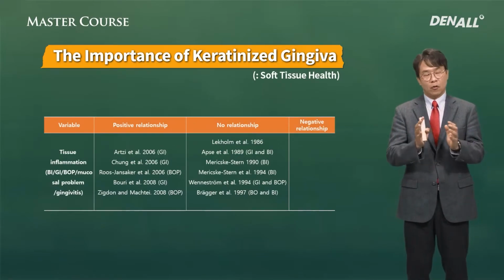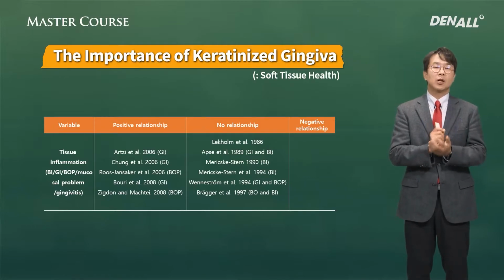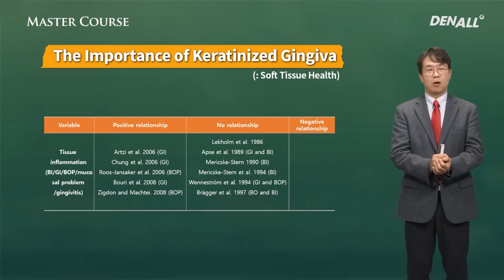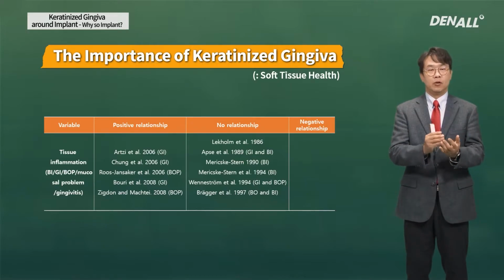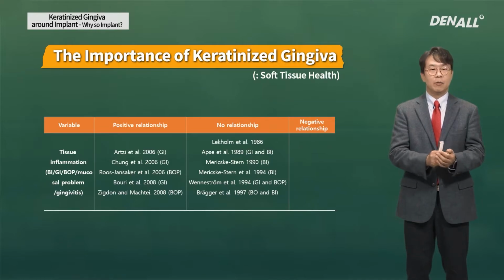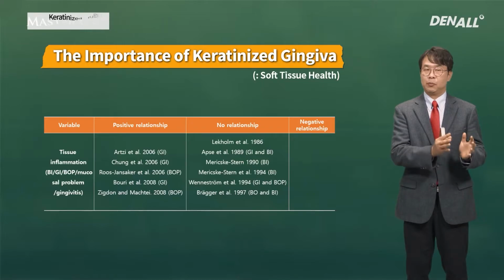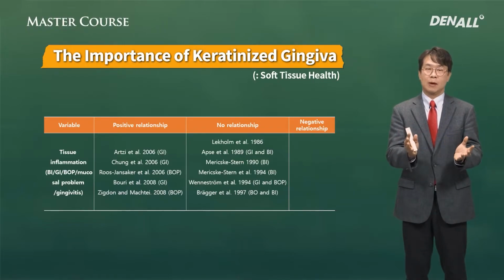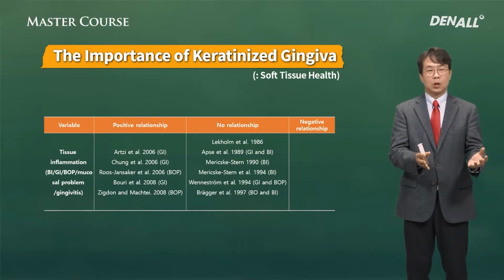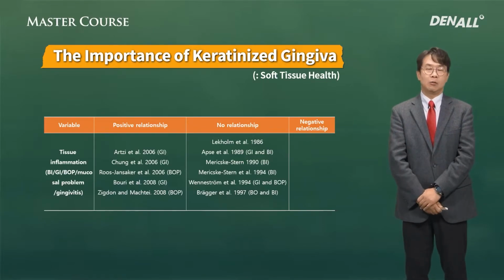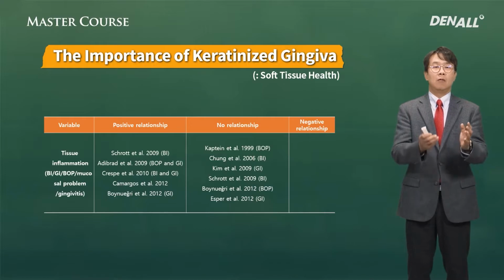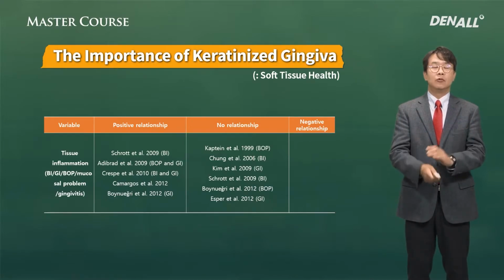In connection to that, this is looking at soft tissue health in terms of importance of keratinized gingiva. Bleeding index, gingival index, bleeding on probing, and the degree of inflammation are used as variables or indicators. There's a positive relationship and no relationship. Those two opposing groups exist.